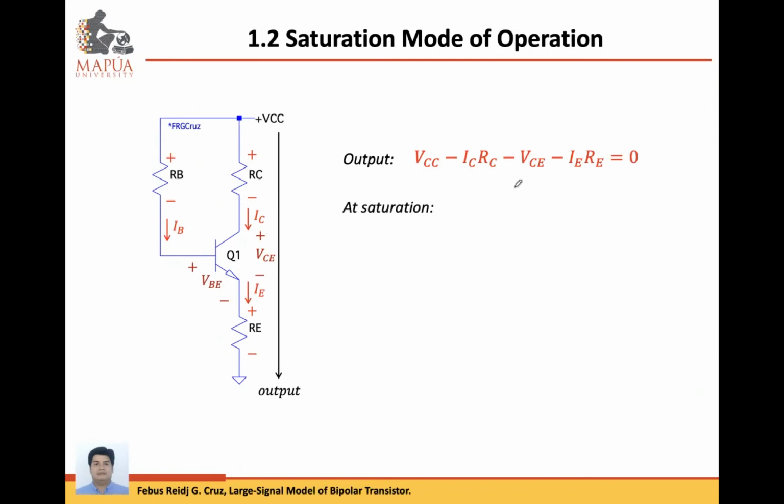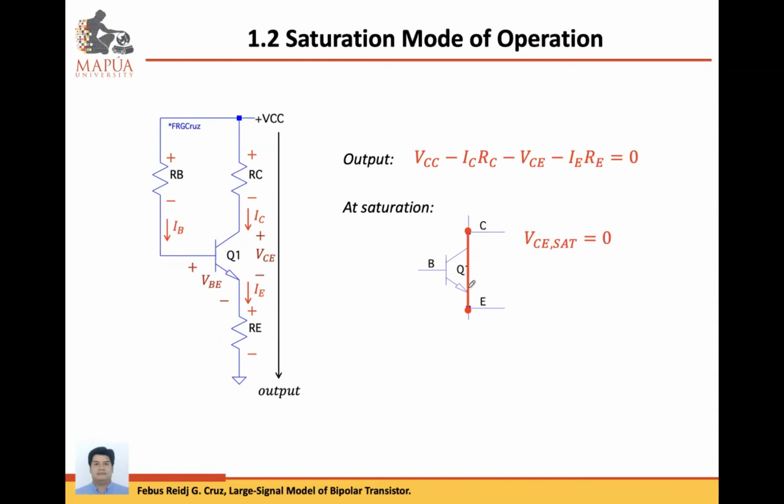And then under saturation condition, the base emitter is forward biased as well as the base collector junction is also forward biased. Ideally, we can say that Q1 is shorted. So the collector and the emitter are ideally connected. So they are ideally shorted. So that makes the voltage from collector to emitter equal to 0 volt. All right, so at saturation, voltage drop between collector and emitter equals 0 volt.